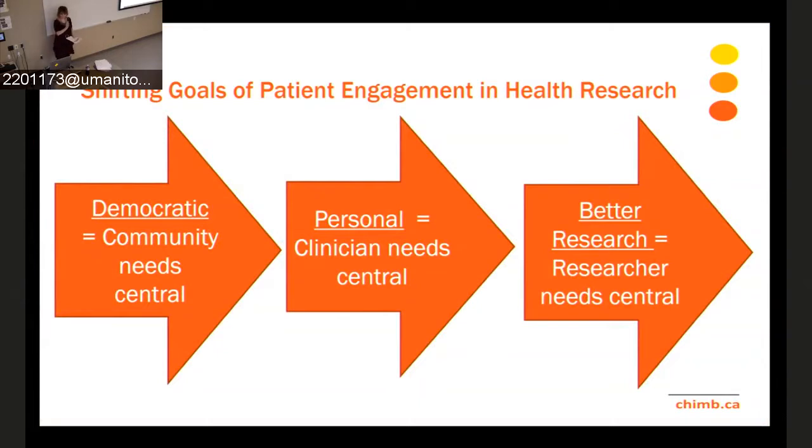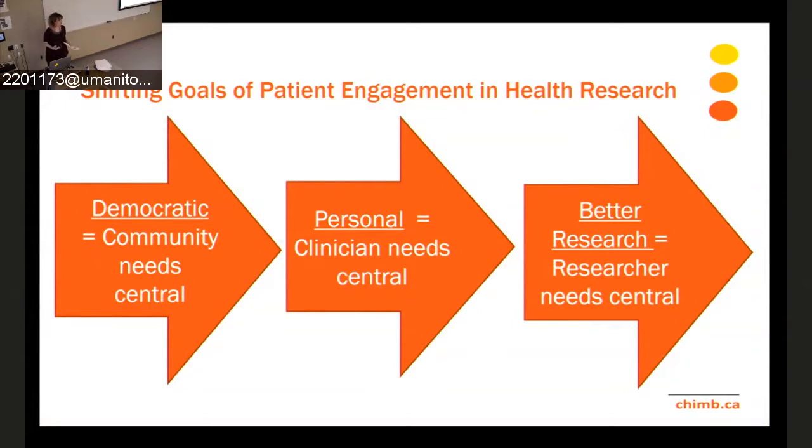But there's been a shift over time. The first shift was that we started conceptualizing involvement of patients in health research as a means towards better personal health decision making. So if we involve the public, it'll increase their understanding of health research, which in turn will strengthen the ability to make good health decisions for themselves and their families. And then we did another shift.